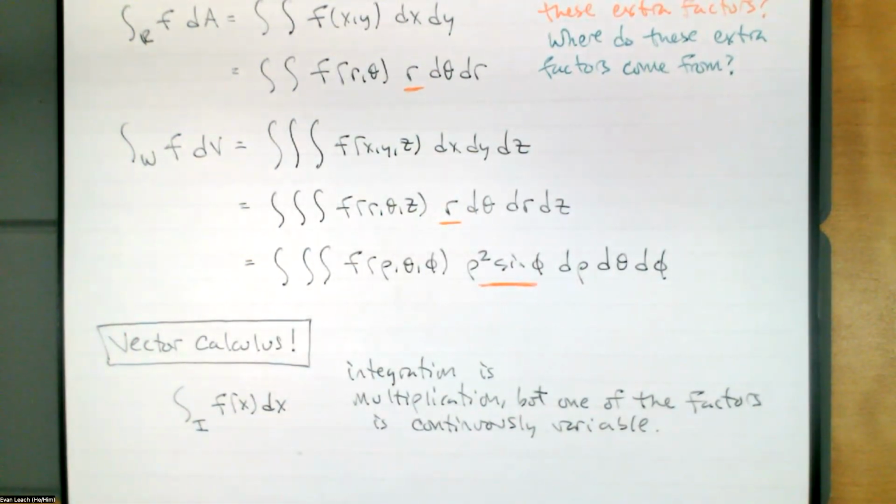So when we think about integration, integration is multiplication, but one of the factors is continuously variable. What we get out of this is that applications of multiplication are applications of integration. Anywhere we're using multiplication, if one of the factors in your product can be made continuously variable, you can create an integration problem.